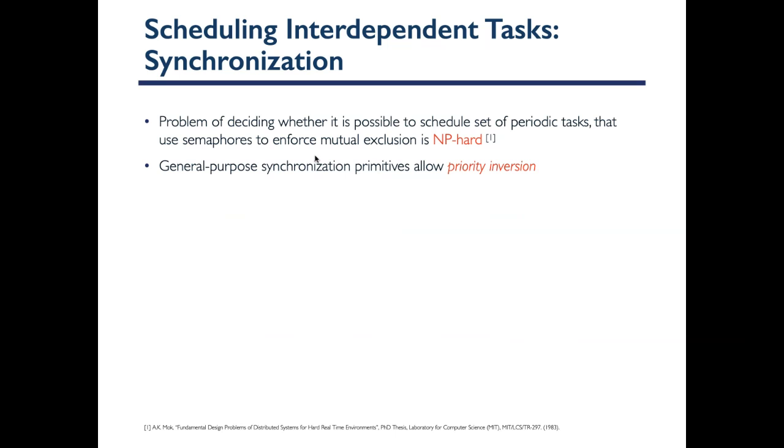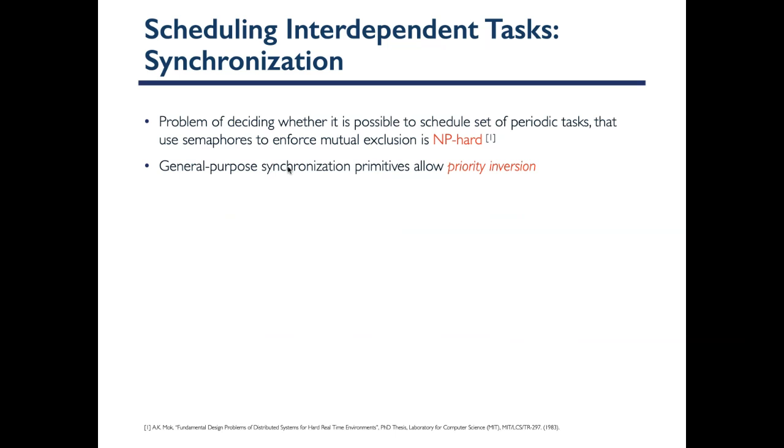Now, this hard problem gets exacerbated because of the way that we might implement synchronization. So far, in a lecture that we had on multi-threaded kernels, we saw how to implement synchronization primitives like mutexes, semaphores, and such.